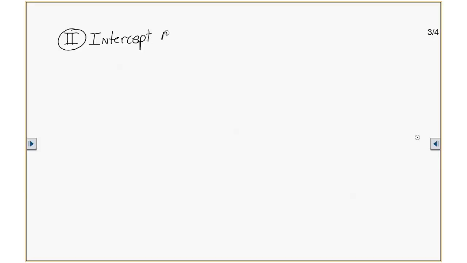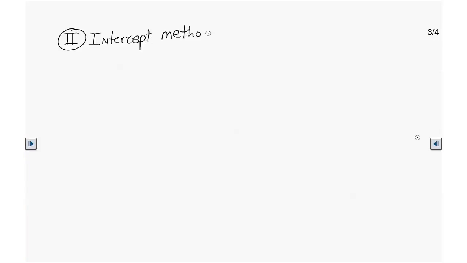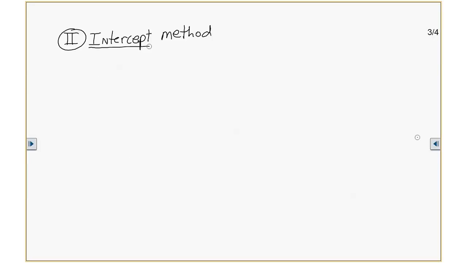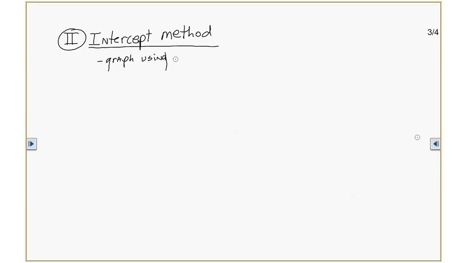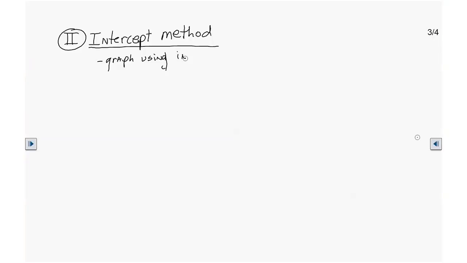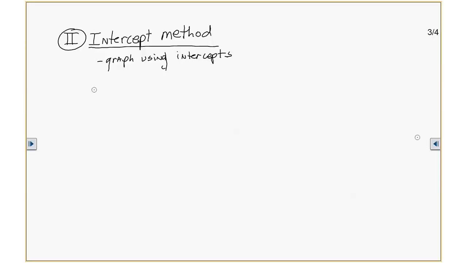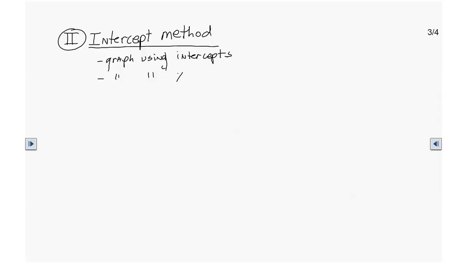Second method is called the intercept method. It's used when the directions say graph using intercepts, or it will say graph using X and Y intercepts.